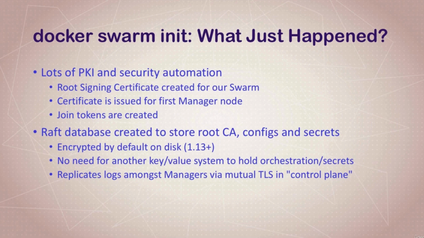And again, all of this traffic that it would be doing once we create other nodes is all going to be encrypted. And one of the key components of Swarm that differentiated it when it first came out was that we didn't need an additional key value storage system or some database architecture to be the backend configuration management of our Swarm.